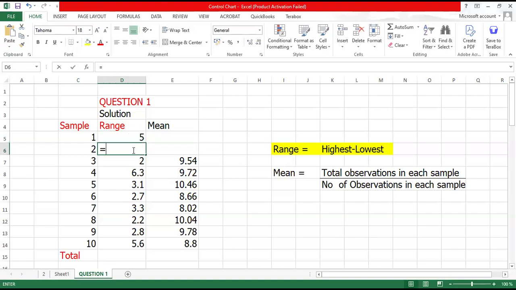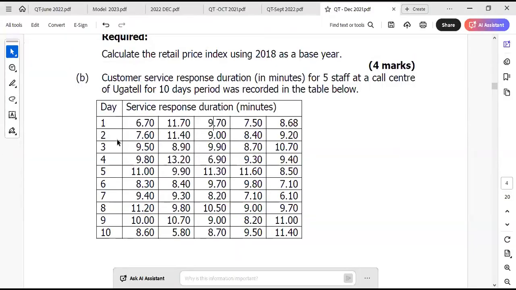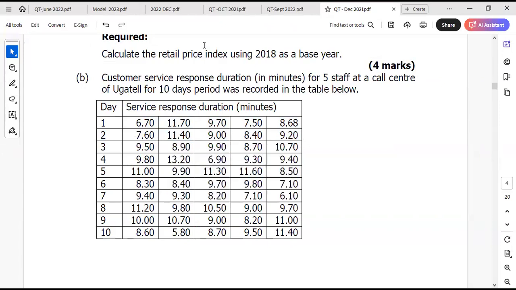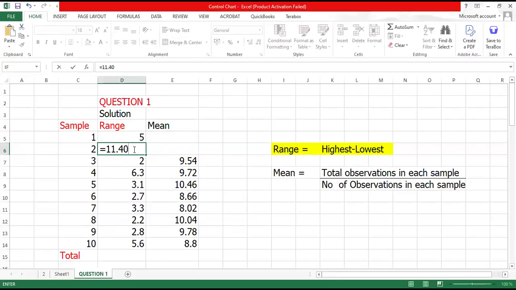Then for day 2, sample 2, you do the same: highest minus lowest. What is the highest value here? 11.4. You get 11.4 minus 7.6. You must be very attentive, otherwise you walk out of the paper thinking you passed, when you copied the wrong figure.